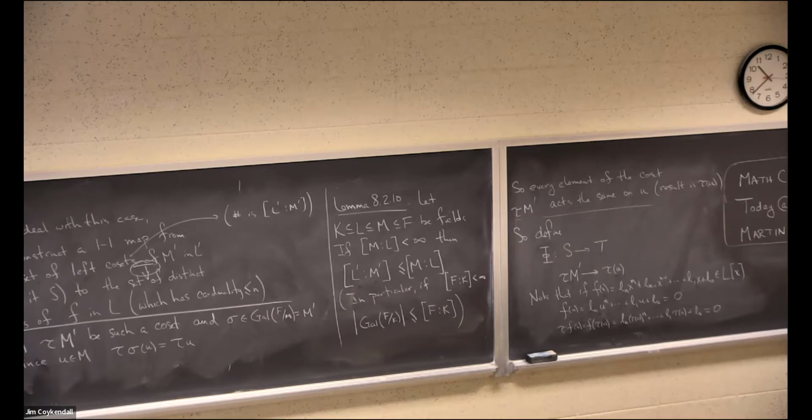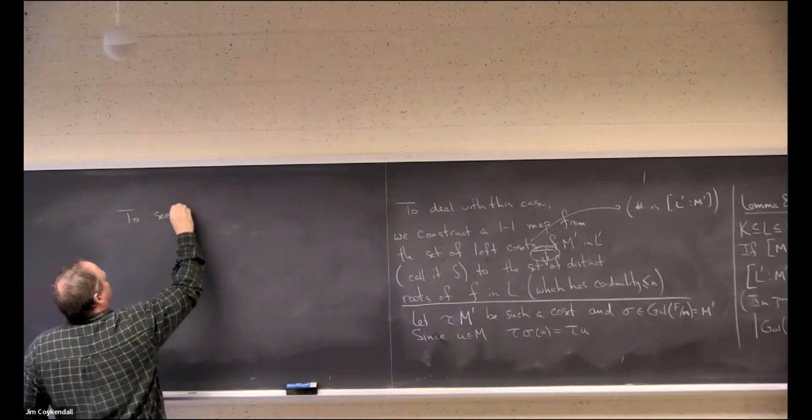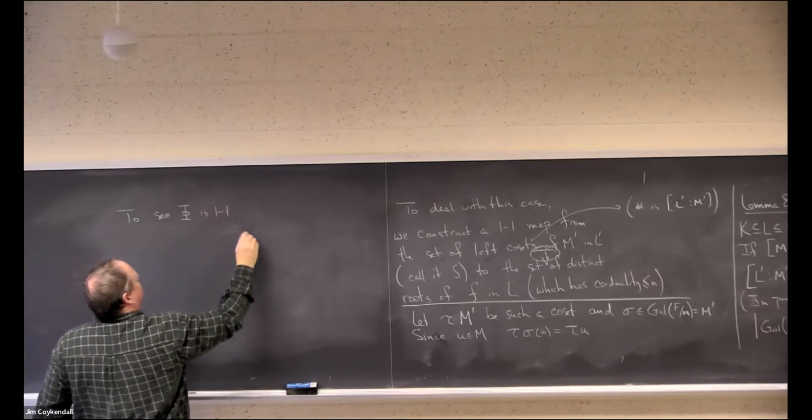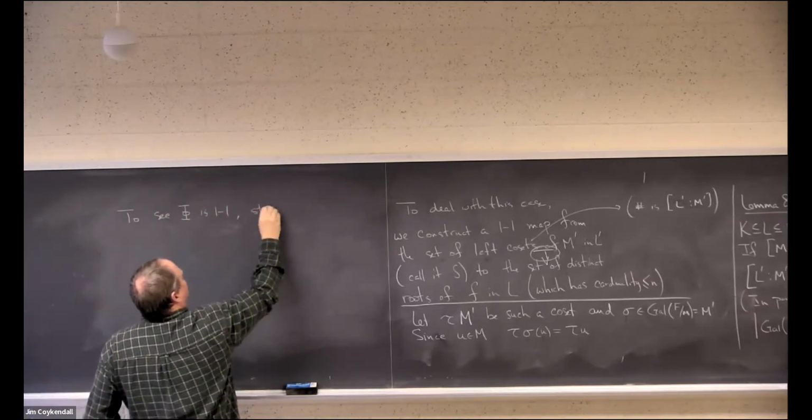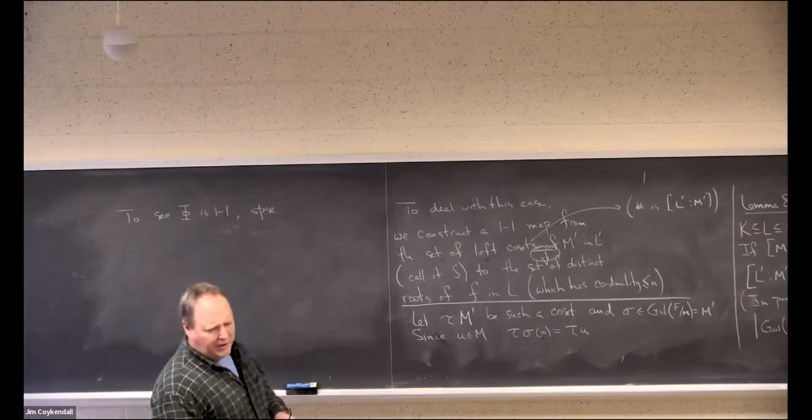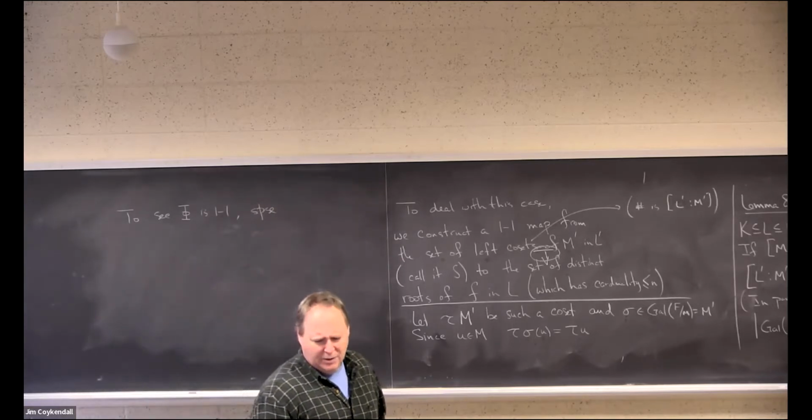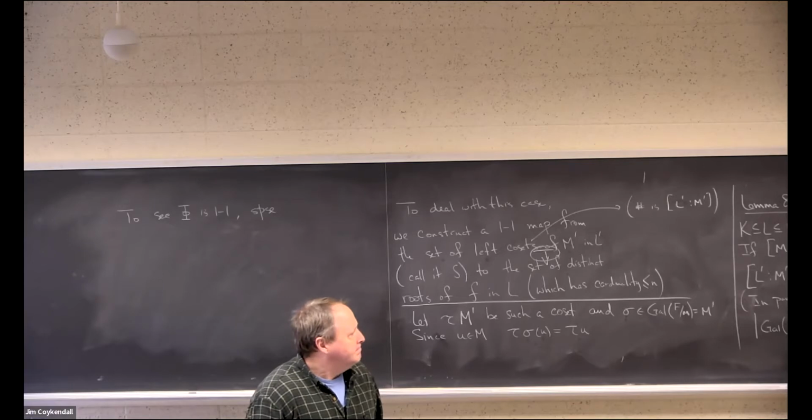We need to see that this map is 1-to-1. Suppose, and of course I need to do 1-to-1 the old fashioned way here because this is just a map, it's just a function here.